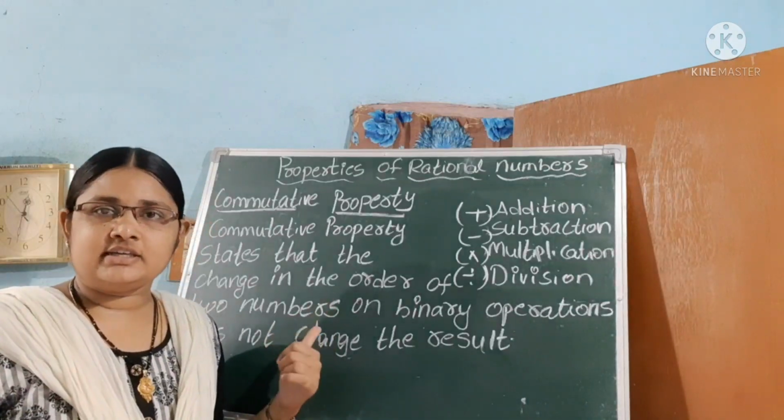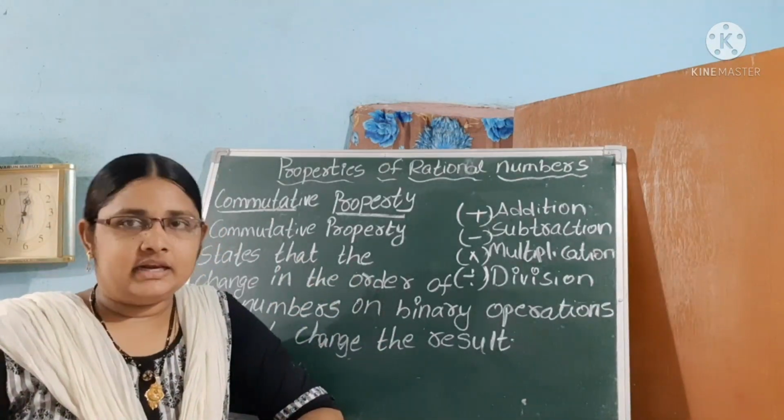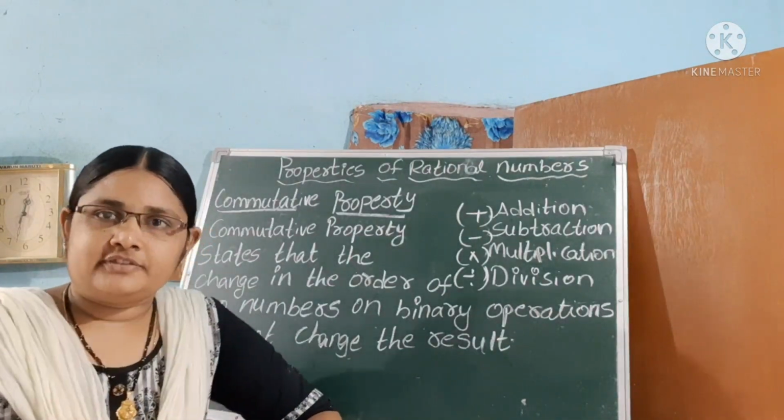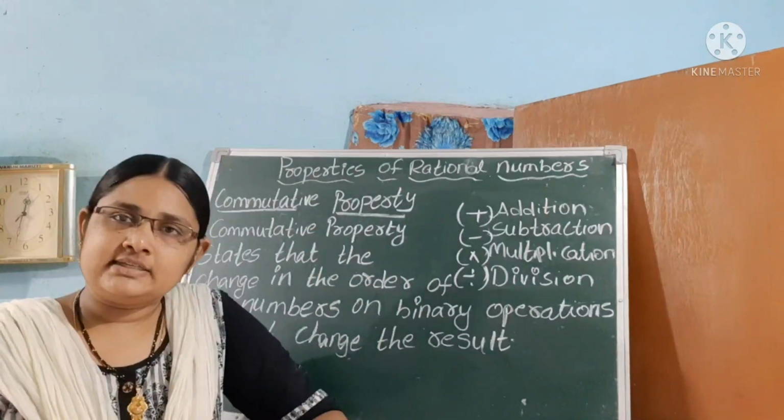Did you understand this? If we change the order on binary operations but the value is same, if the condition is satisfied, then commutative property is satisfied.